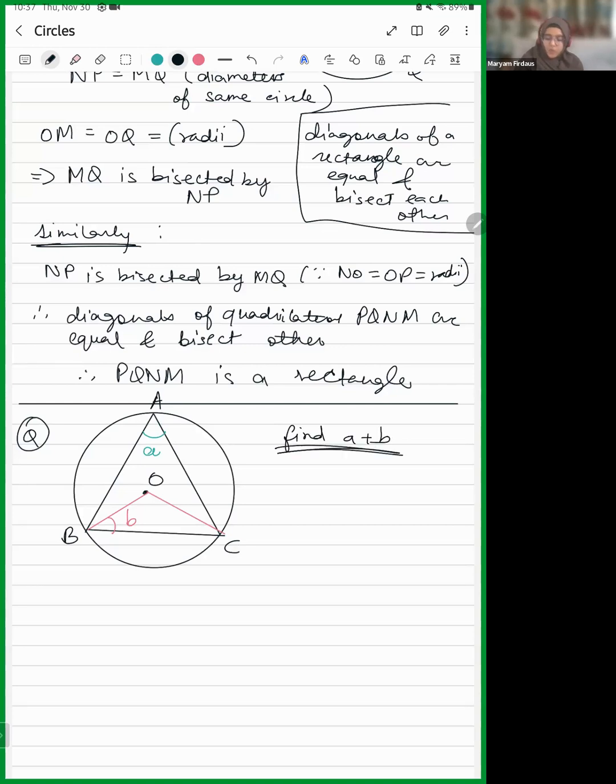Okay. So we're going to use something which we did in the previous exercise. Who will tell me? See. Intersect AB, AO. If we intersect AO, then what's going to happen?